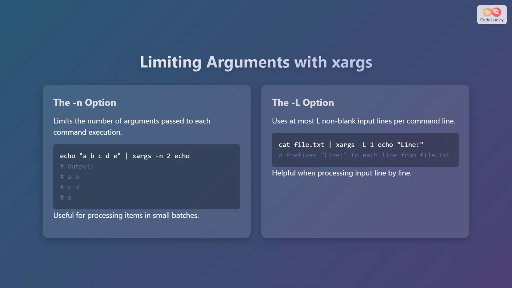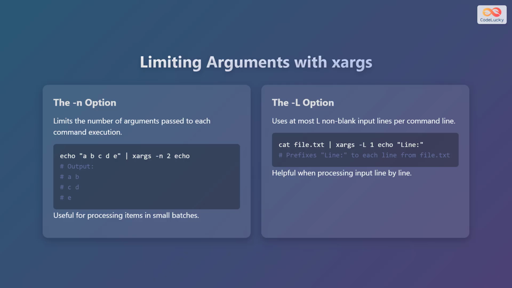Now let's explore how to limit the number of arguments passed to a command using xargs. We'll cover the -n and -l options. The -n option limits the number of arguments passed to each command execution. For example, if you have echo "a b c d e" | xargs -n2 echo, the output will be pairs of arguments per line.